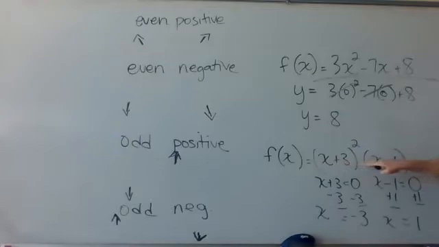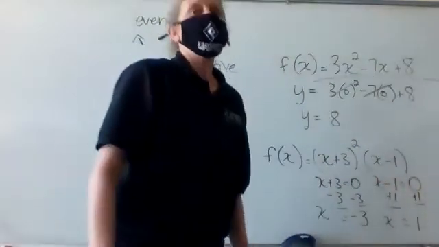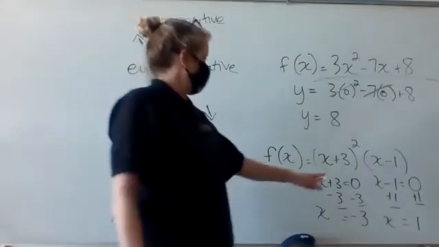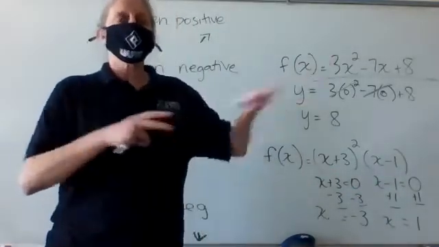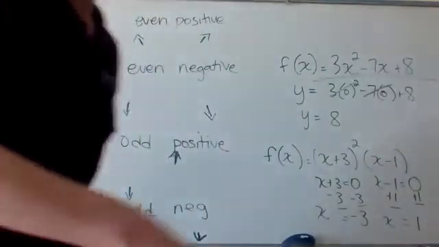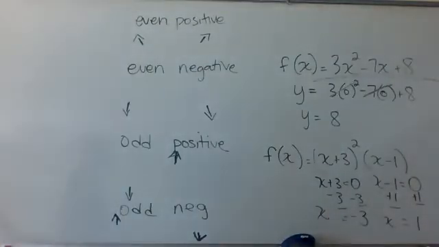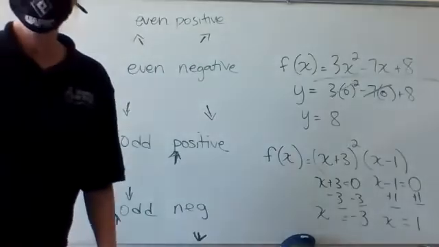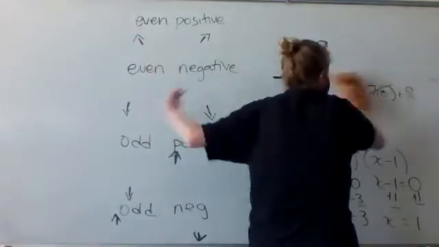If my function is written out in its factored form, in those parentheses form, and my end behavior doesn't get it for me, then I would say, okay, I'm going to find the X-intercepts on this one. So just keep that in mind while we're going through these. Let's look at number 4. A lot of them, you're going to be able to get the answer by just knowing the end behavior, like number 4. So I'm going to keep this up here.